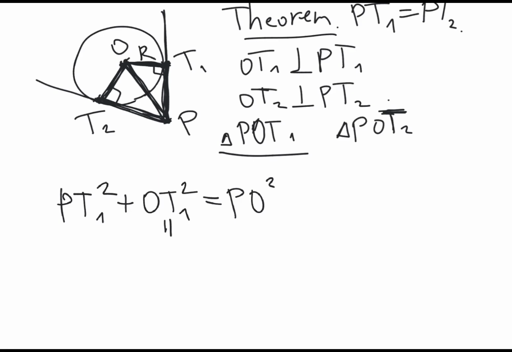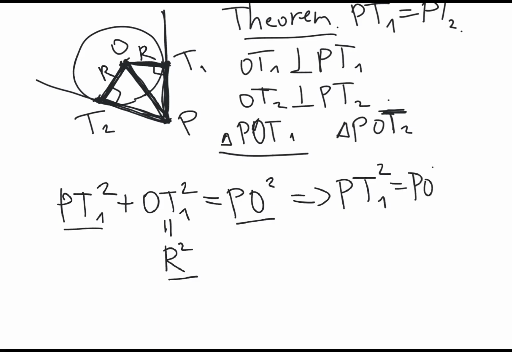So this is equal to R, and OT2 is also equal to R, the radius. So this would be R squared. If you write the same equality in the other triangle, this would be the same, but let's write it carefully. So from this we conclude that PT1 squared is equal to PO squared minus R squared.